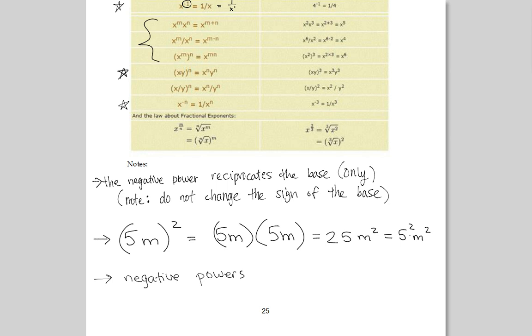So negative powers are moved. If they're in the numerator and they're negative powers, you put them in the denominator and switch the sign. If they're in the denominator and they have a negative power, put them to the numerator and switch the sign.